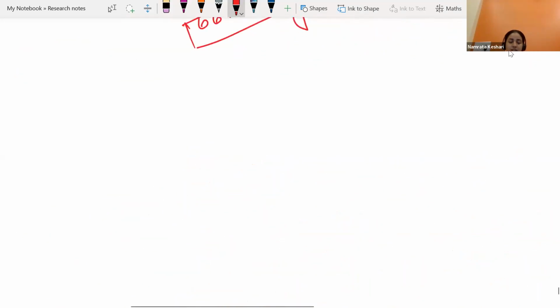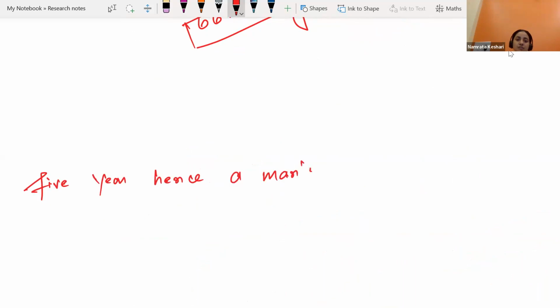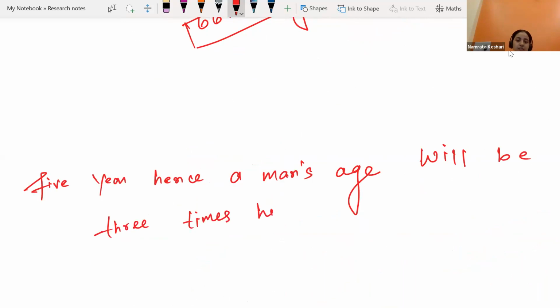Now the next is: 5 years hence a man's age will be three times his son's age.